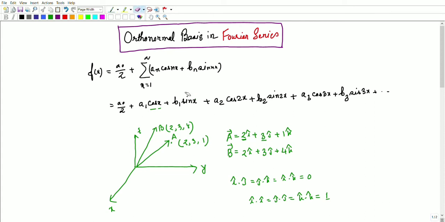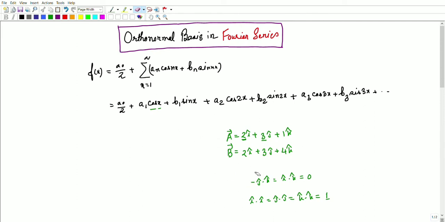So how can we prove the orthogonality of these functions? And here in Fourier series there are infinitely many orthogonal basis functions, but in a three-dimensional vector space there are only three orthonormal basis vectors.